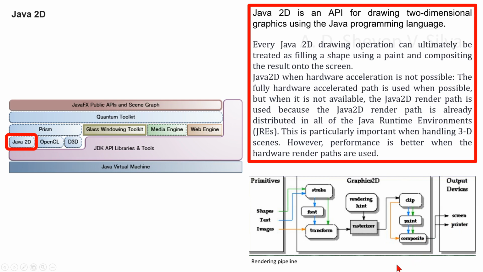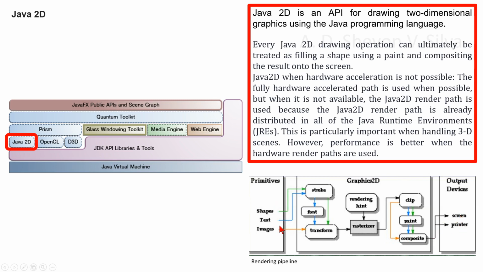In text, the text is connected to stroke, which is connected to font, and font is connected to transform, which is connected to rasterizer. Rendering hint is connected to rasterizer, which is connected to clip, which is connected to paint, which is connected to composite, and composite is connected to screen and printer.